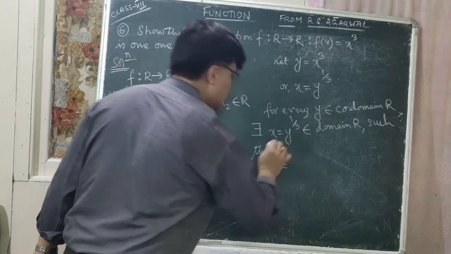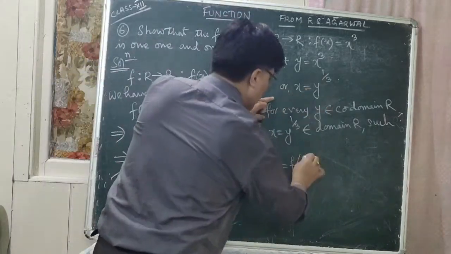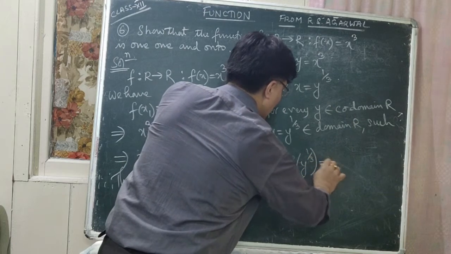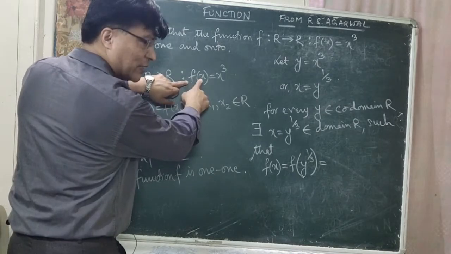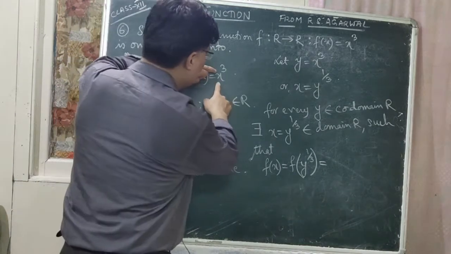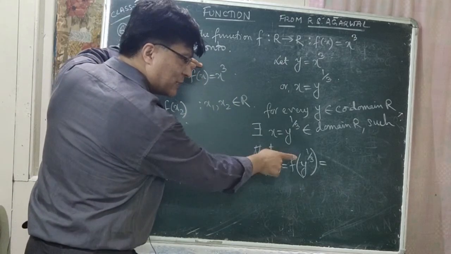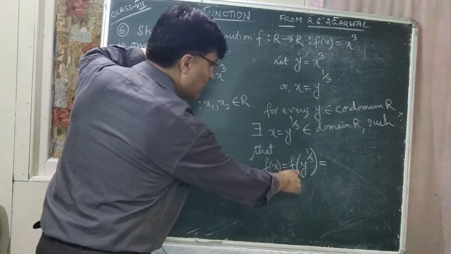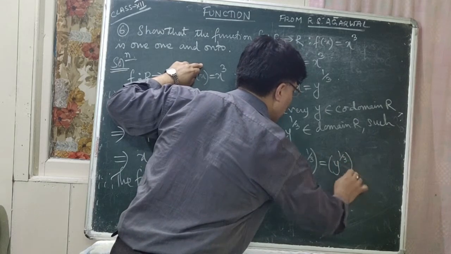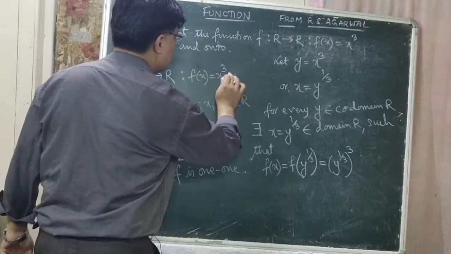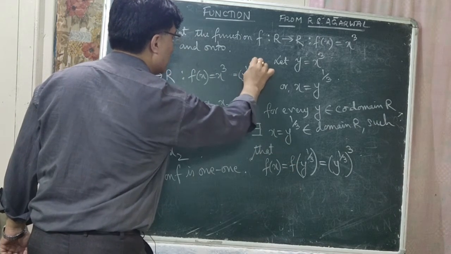f of x is equal to f of what is the value for x here? It is y to the power 1/3. What is f of y to the power 1/3? f of x is equal to x cube, so if we put x equal to y to the power 1/3, it will be y to the power 1/3 whole cube, isn't it?